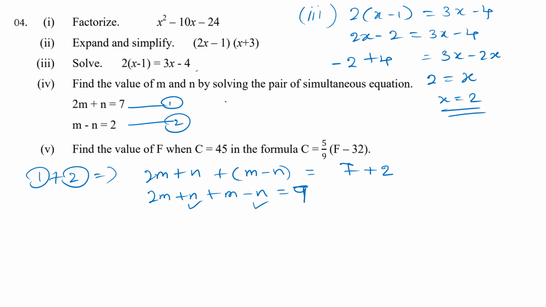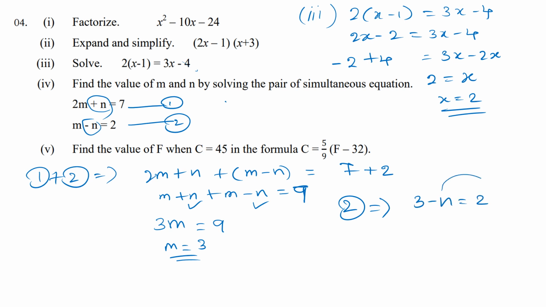N minus n is 0. Actually we wanted to cancel out this minus n with plus n, that's why we added these two equations, and you get here, actually this is not 2m, this is 3m. Then you get 3m is equal to 9, then m is equal to 3, and then you can substitute this into equation 2, and then you get 3 minus n is 2.